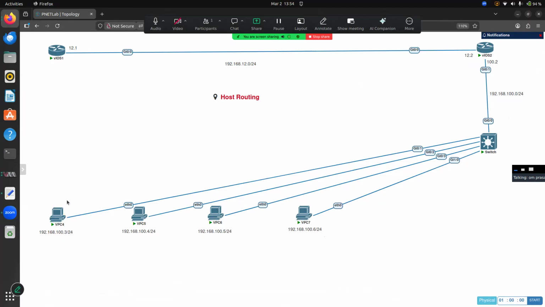From under a particular network, if I want to send the packet only to this IP address, then I'll prefer host routing. And remember one thing: when we configure host routing, we use a specific IP address, and we need to use the highest subnet mask, which is slash 32, since an IPv4 address is a total of 32 bits.